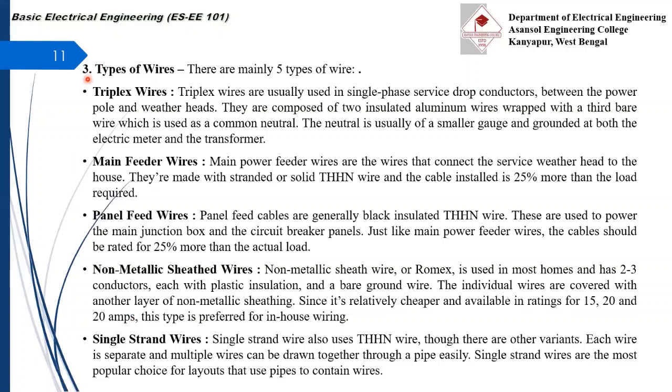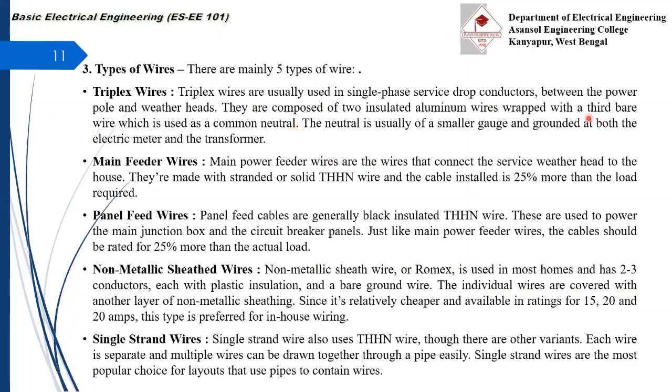Next, types of wire. There are mainly 5 types of wire. Triplex wire. Triplex wires are used usually in single phase service drop conductors between the power pole and weatherhead. They are composed of 2 insulated aluminum wires wrapped with a third bare wire, which is used as common neutral.